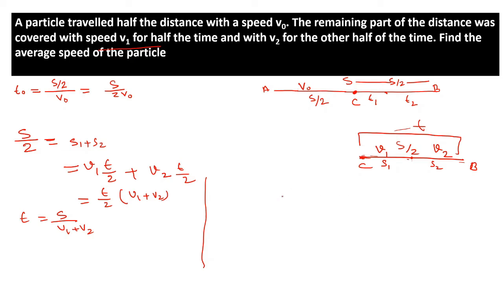Now we have to find the average speed. The formula is total distance by total time. The total distance is S and the total time is t0 plus t. t0 is S by 2v0, and t is S by (v1 plus v2).